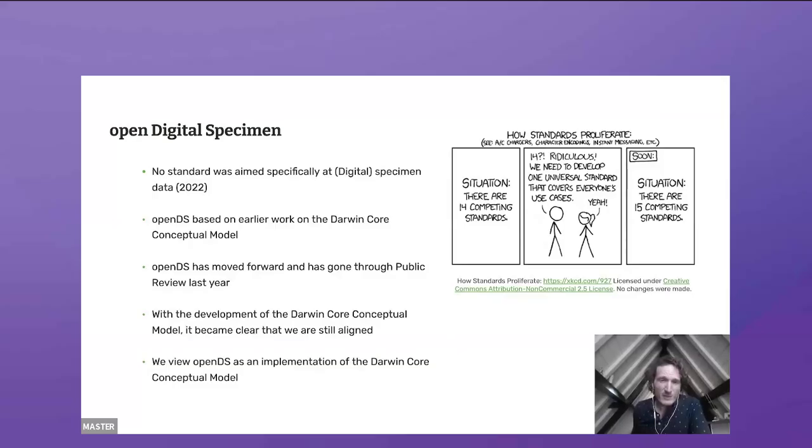Which is actually what we did, and we moved this forward through public review last year, and it's now being used in production. And now with the development of the Darwin Core conceptual model, the next step after the GBIF unified model, we wanted to check if we are still aligning in that regard.